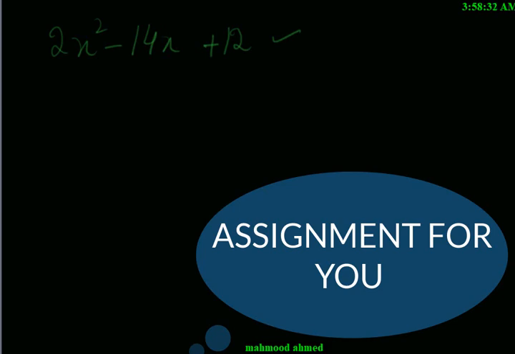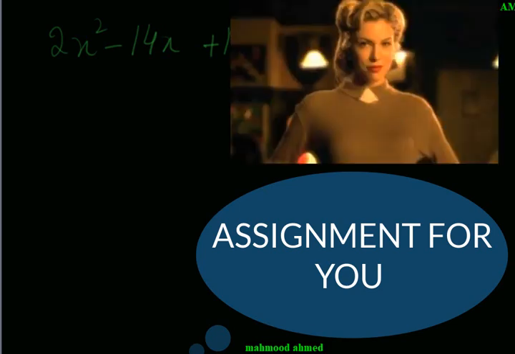This pair is the same as in the previous question, but the order of the factors is slightly different, so you can do this question by yourself. 2x square minus 2x minus 12x plus 24. So you can do this by yourself.